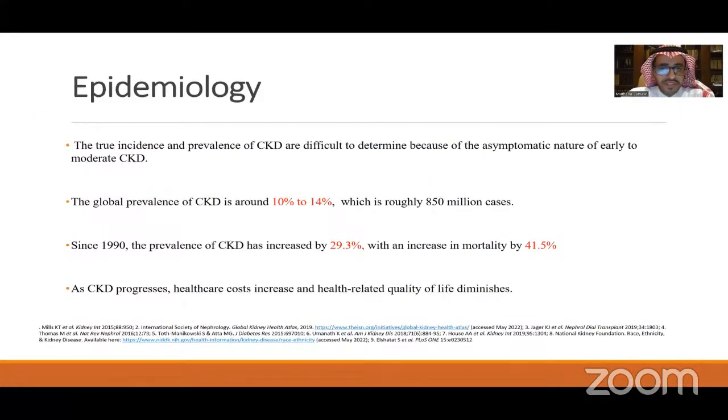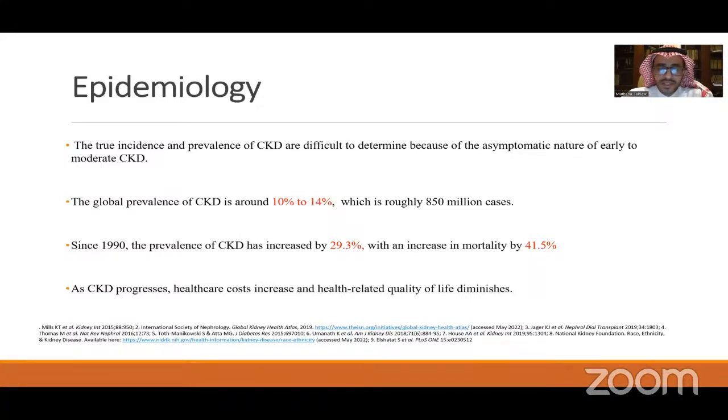So I will not spend much time on epidemiology, as my colleague has already gone through that. I just want to point out that the global prevalence of CKD, based on a recent systematic review in the Lancet, is around 10 to 14% of the worldwide population. And this reflects roughly 800 to 850 million cases.